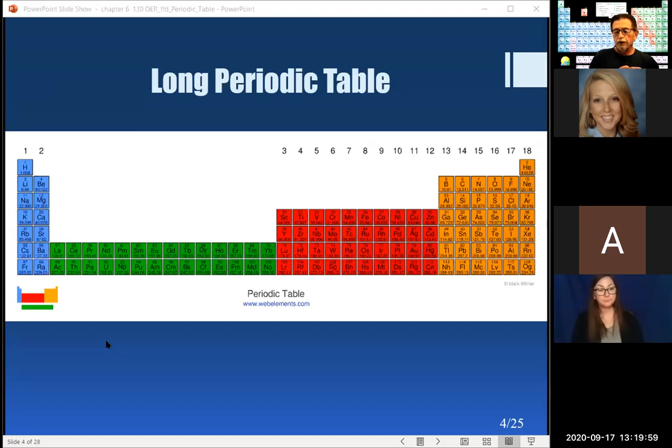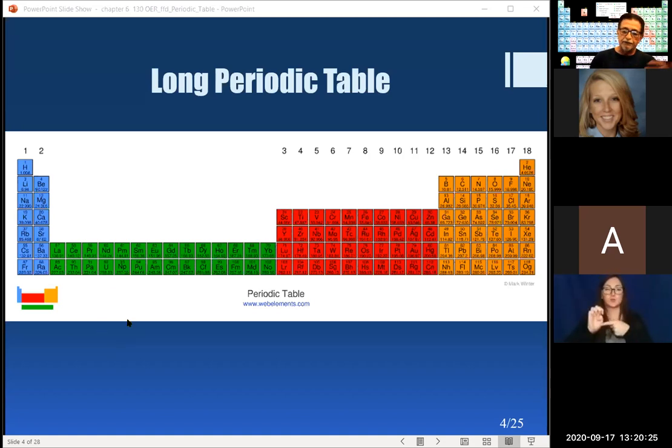Now, notice the numbers on top, 1 through 18. They want to eliminate the Roman numerals and put in the sequential numbers 1 through 18. A lot of pros and cons. Obviously, I prefer the Roman numerals because that tells me right away how many valence electrons are involved. But that's still going around.